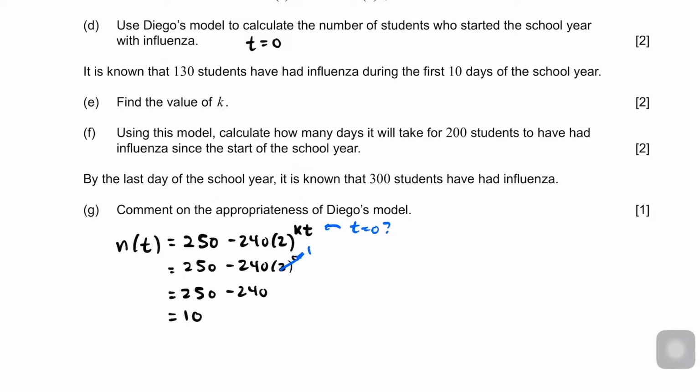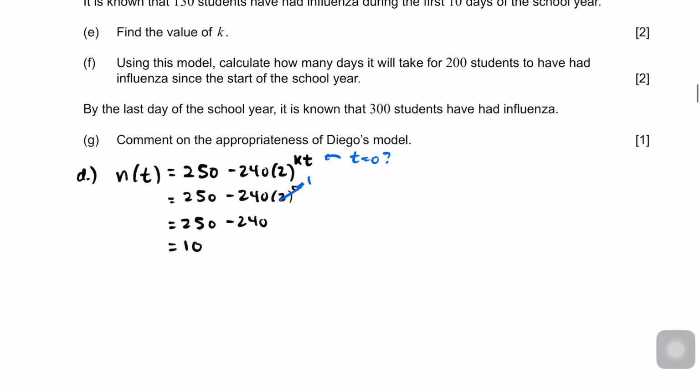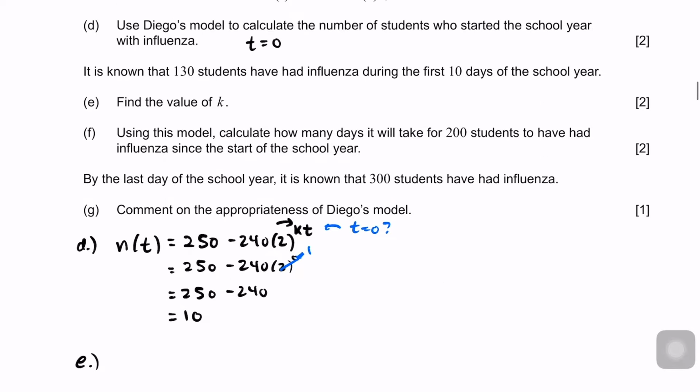All right. Let's go on to question E. It is known that 130 students have had influenza during the first 10 days of the school year. Find the value of k. So this is actually, again, a pretty common sequence that we'll often see with exponential equations. They'll ask us to find some initial value, and then they'll ask us to find some unknown, k or a or something like that, when giving us a value.